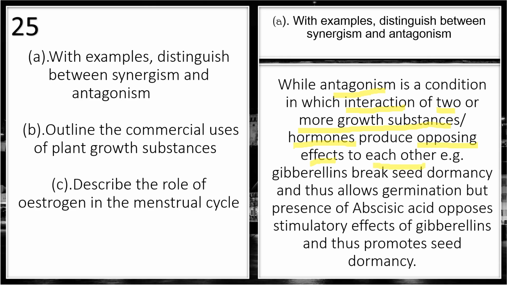For example, gibberellin breaks seed dormancy and thus allows germination. But the presence of abscisic acid possesses an inhibitory effect on gibberellins and thus promotes seed dormancy.